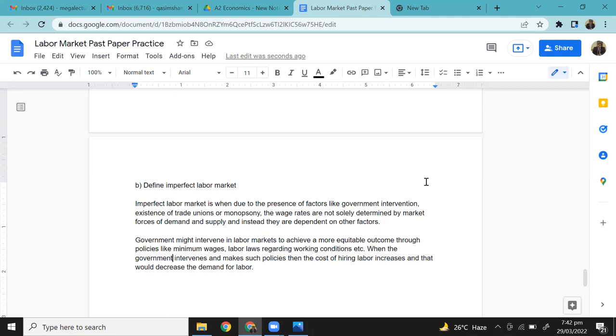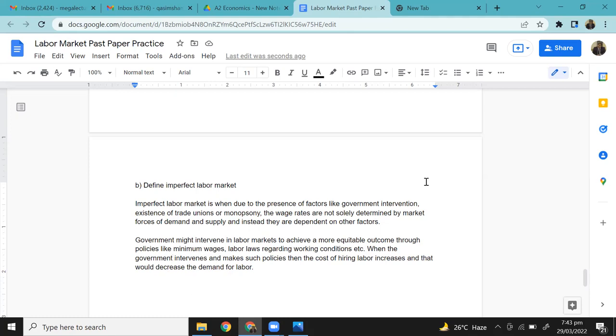Now how would companies respond to that, right? So companies would respond by reducing their demand, because now labor is not as productive, or it's not contributing as much to the revenue, because whatever revenue it contributes, there is also some amount spent towards providing the facilities like better working conditions and minimum wages and all those things, right?